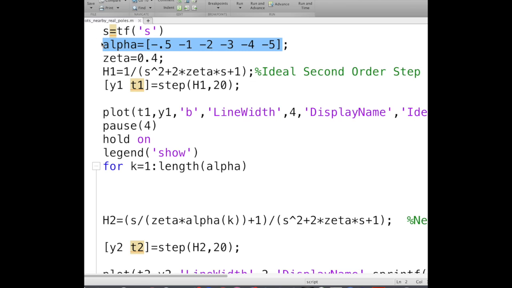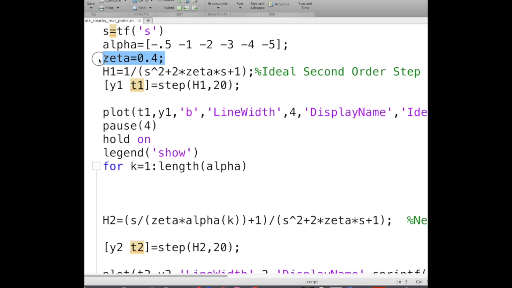Because these alphas are negative, from the previous video, that means we have right half plane zeros, and so we're starting close to the j omega axis and moving that zero further and further to the right. So this would be a zero, for example, at s equal minus 3 sigma times alpha. And so let's move forward from there.